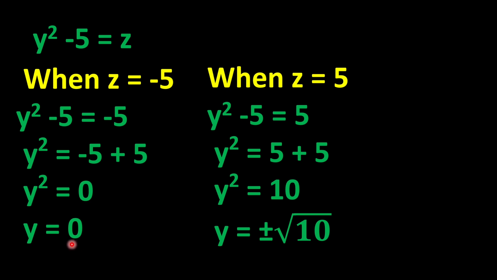Now we will put these three values of y in this equation, which was our first supposition, y equal to x plus 6. We will put these three values one by one to get the value of x.